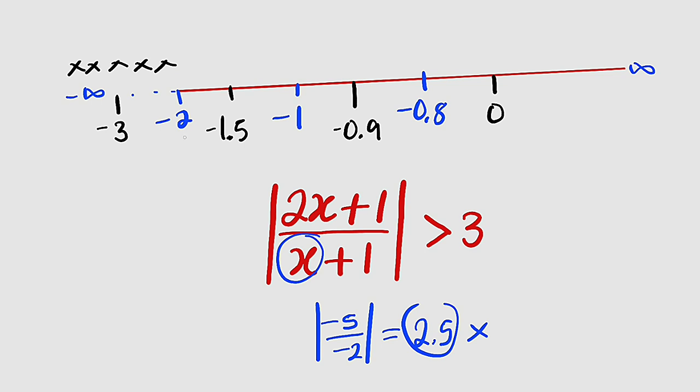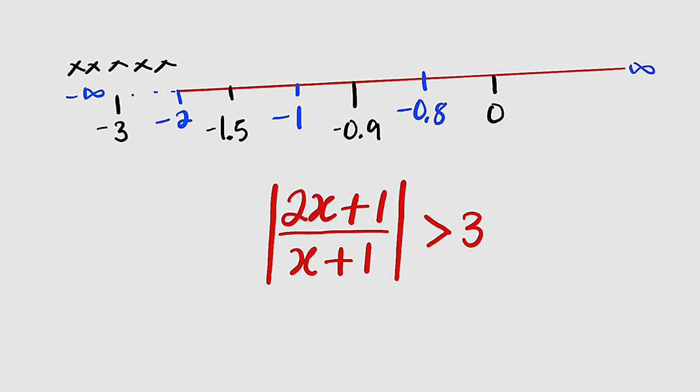Then we are going to test a value between negative 2 and negative 1, which we chose as negative 1.5. We have 2 multiplied by negative 1.5, which gives us negative 3. And negative 3 plus 1 gives us negative 2.